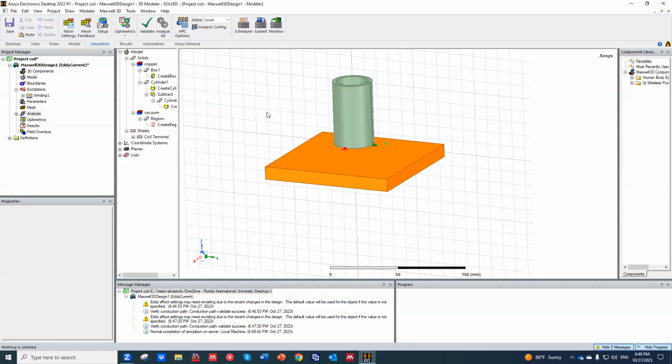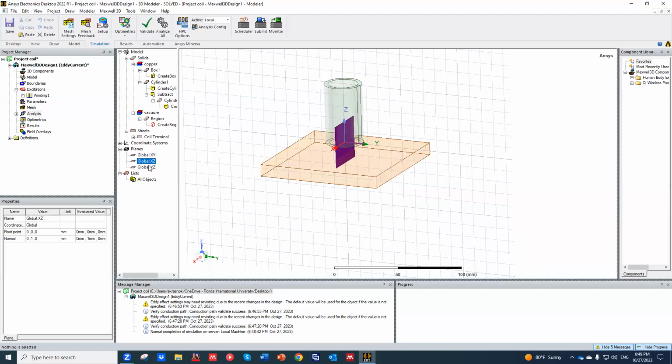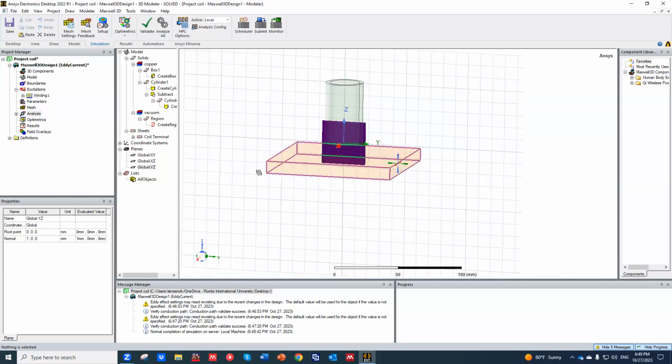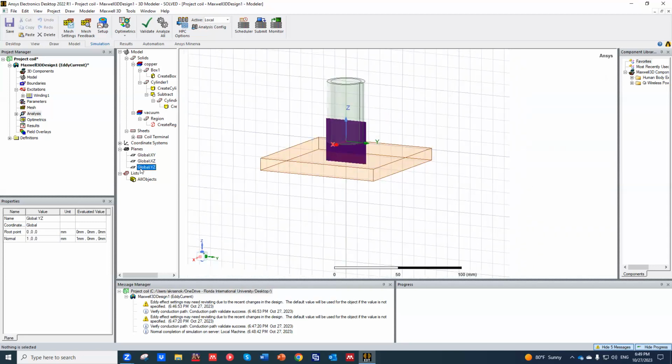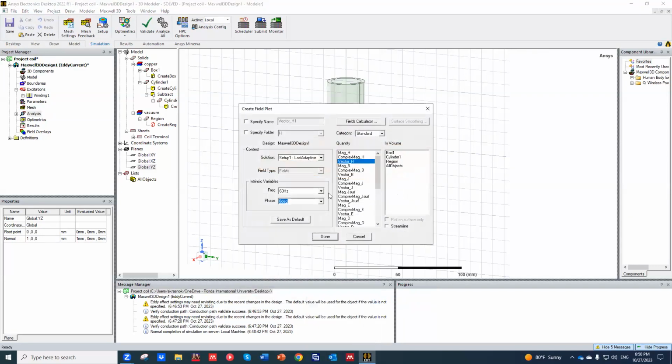All right, so my project is executed, and let me first see the magnetic field in this ZY plane. So as before, I select this plane, then right click on the window and navigate to the fields and select this magnetic field in the vector form.